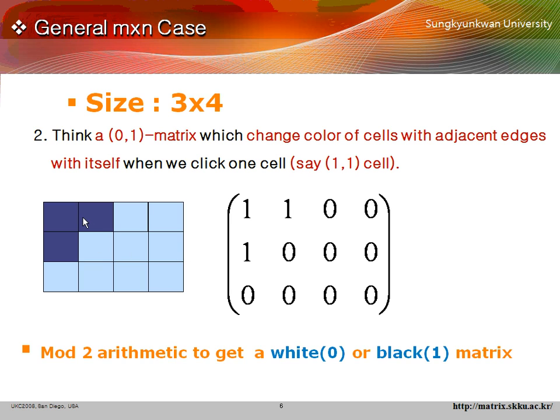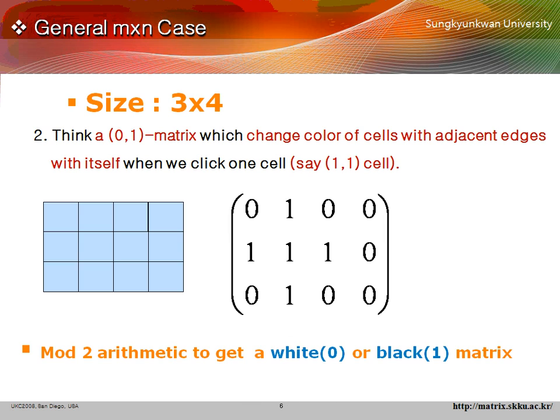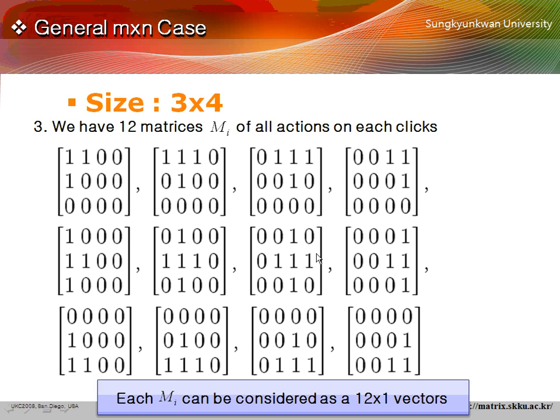So this action means we just add this 0-1 matrix to the original initial configuration. If you click this one, it changes the color of these 5 stones, and the corresponding matrix looks like this.